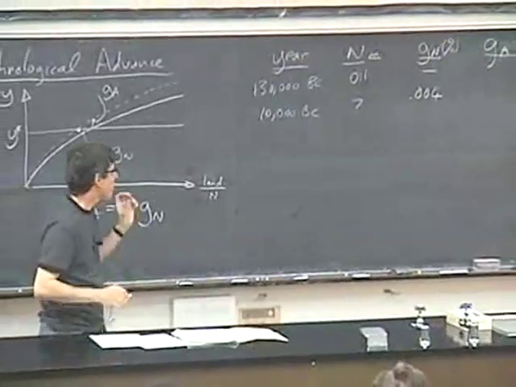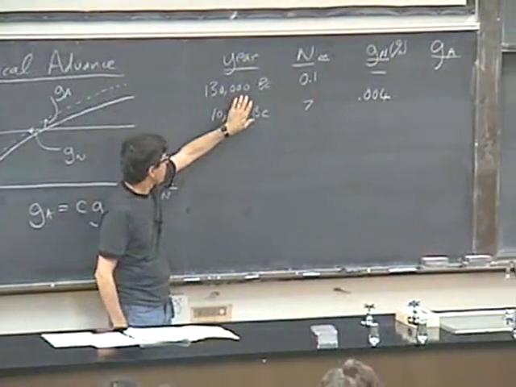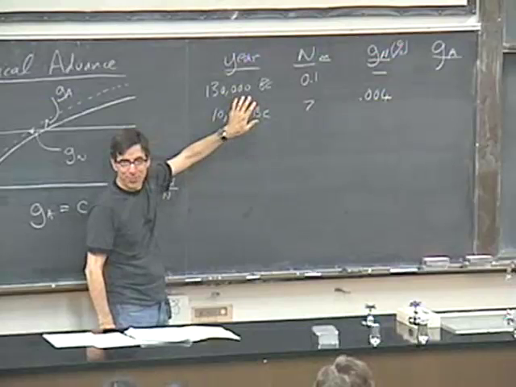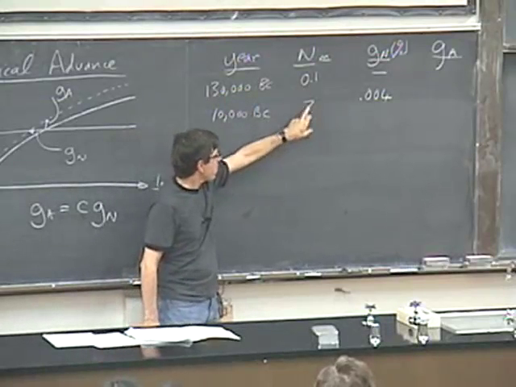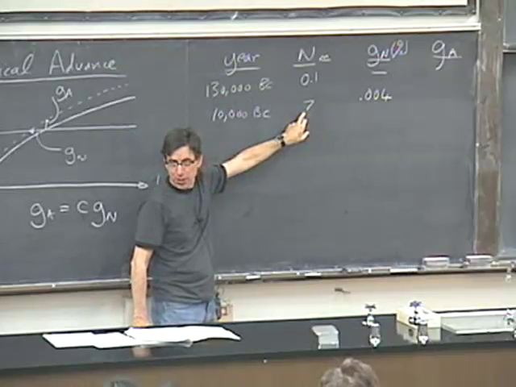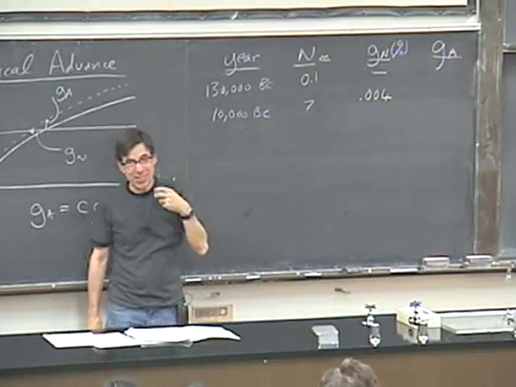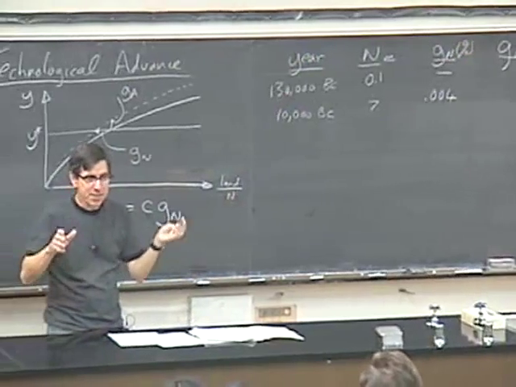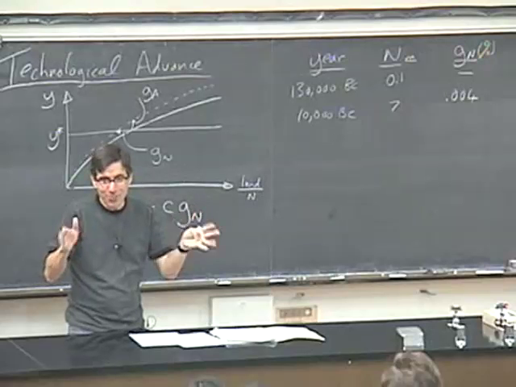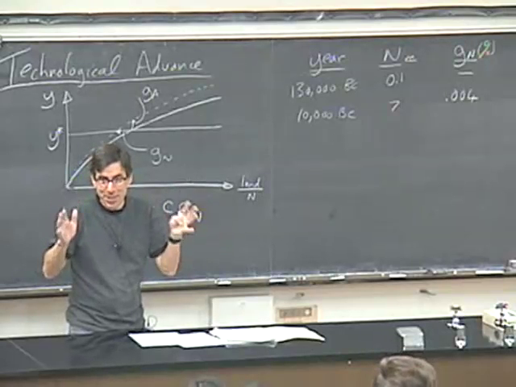And one of the things that shows up here is the incredible power of exponentials. So that you've got what looks like an impressive population growth here, but this is over an extremely long period of time.